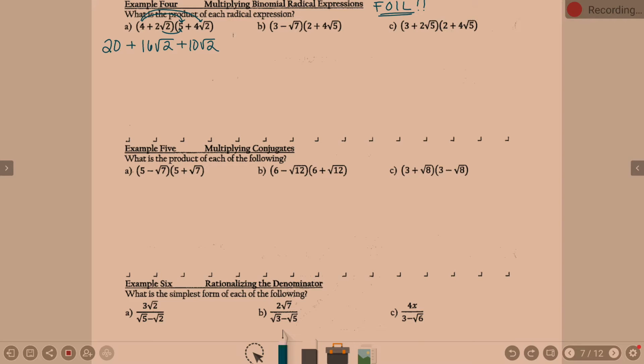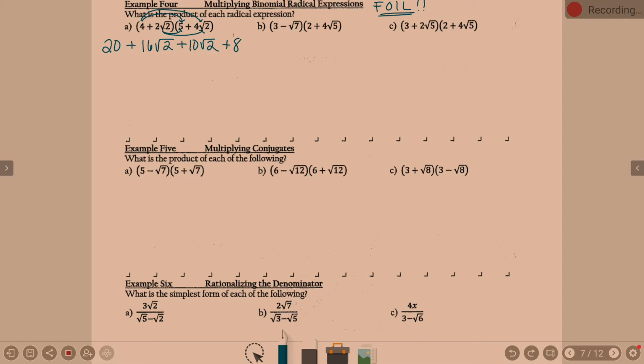And then I'm going to do last. The last term in each parenthesis. So now I'm doing 2 square root of 2 times 4 square root of 2. So this is where whole numbers with whole numbers, radicals with radicals. What are my whole numbers here? 2 times 4 is 8.